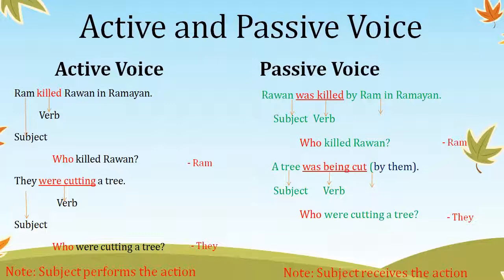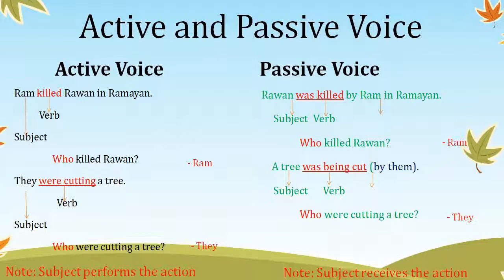Now look over here. This killed is here, and here also the killed. But this killed is the B3 form. Why is it in the B3 form? Because it is in passive. And how do you know this is in passive? Because there is the be verb before this killed, that is was. I have already said that be verbs mean am, is, are, was, were, be, being, been. Same way here, being caught.